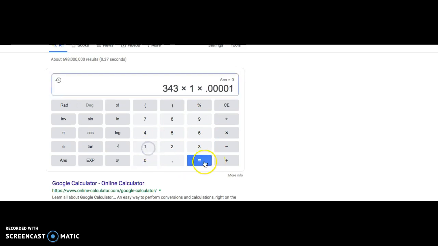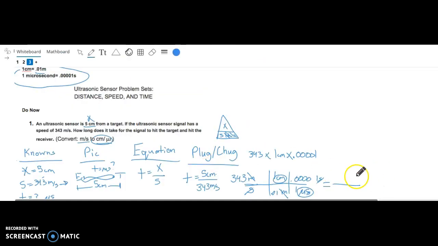Remember, it's 4 zeros. So that equals 0.00343 centimeters. And it's centimeters because that's the unit that didn't get crossed out. So now we have to do the same thing to the bottom. So it's 0.01 times 1. Anything times 1 is itself. So it's 0.01, and then we take this microsecond and put it here.